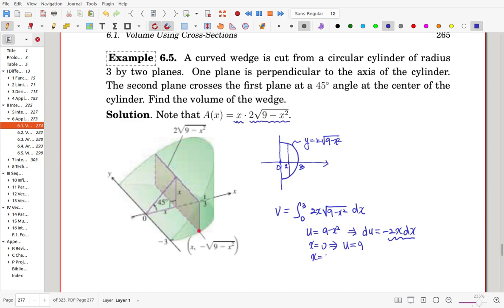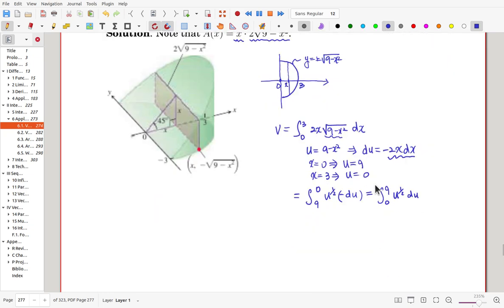If x is 3, then u must be 0. So the given integral is changed into lower limit 9, upper limit 0 for u, with u to the 1/2 power, and 2x dx is minus du. If you want, you can rewrite this as the integral from 0 to 9 of u to the 1/2 power du. Now, integration of that one is not difficult for you, so you can finish the computation.